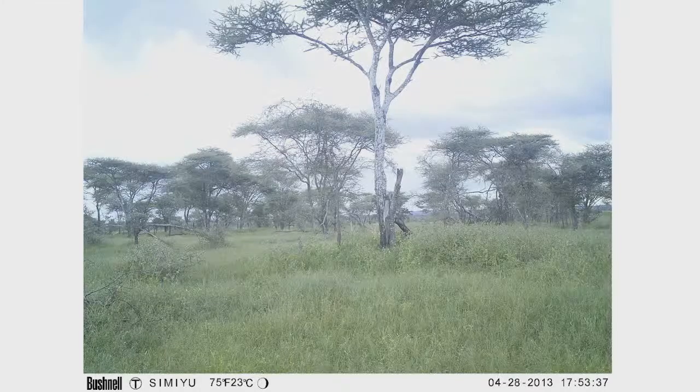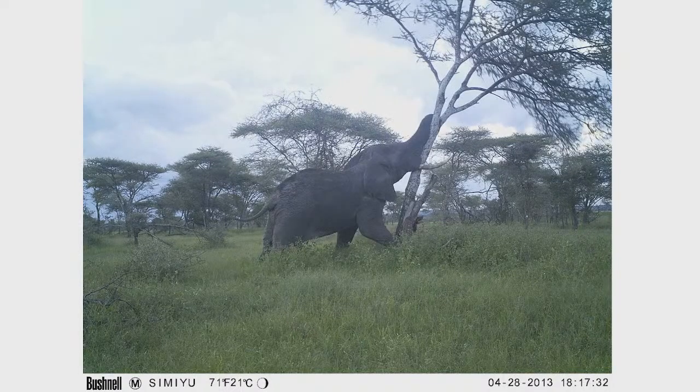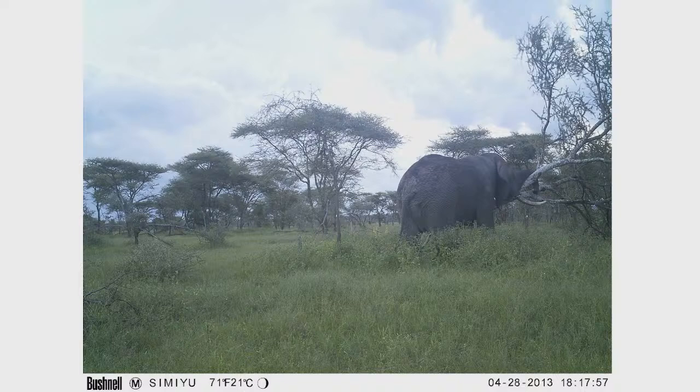Now there's another really important agent of disturbance in these systems, which is demonstrated by these photos. These are some camera trap photos at one of our long-term research sites, and you'll see what happens here. Along comes one of these male elephants and takes out this tree in essentially 1 minute.